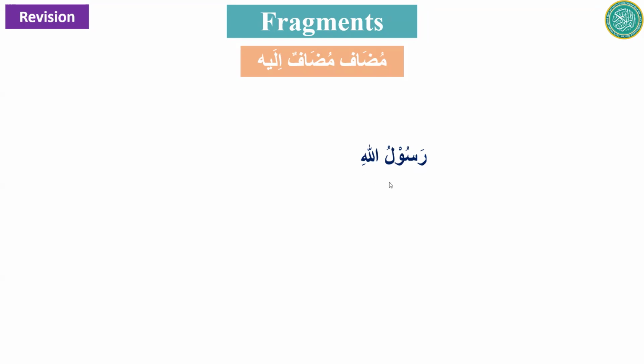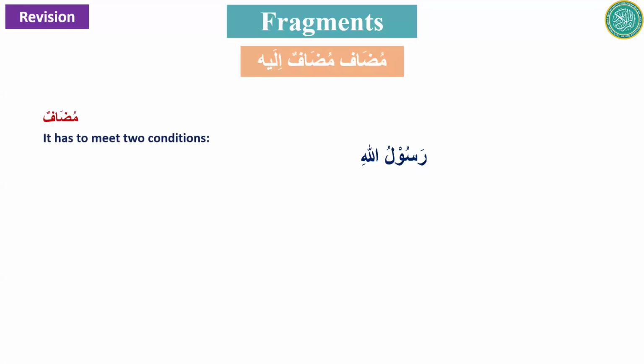So it is both isms. The first ism is light. It doesn't have al with it. And the second ism is in jar status. So the first ism will be called mudaf and the second will be called mudaf ilayh, and together they will be called what, Hiba? Mudaf mudaf ilayh. All right, good.